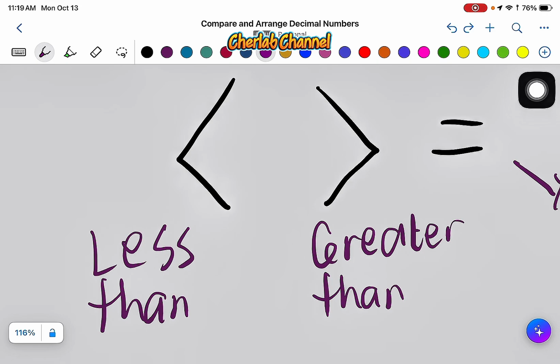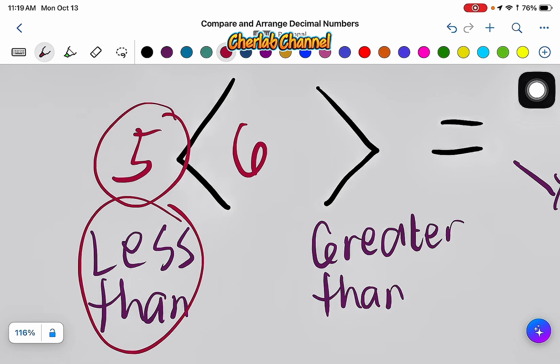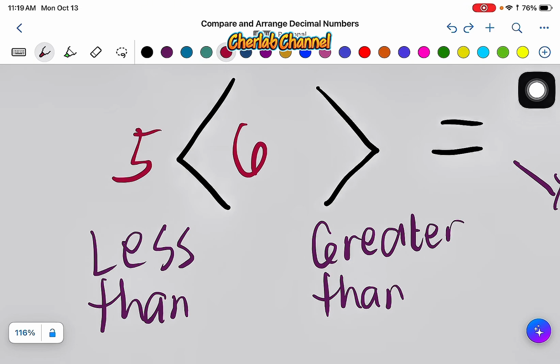Okay? So, let's say we have 5 and then 6 here. That means 5 is less than 6. Okay? Mas mababa si 5 kesa sa kay 6 because yung kanyang dulo ay nakatutok doon kay 5. And this symbol is what we call less than.